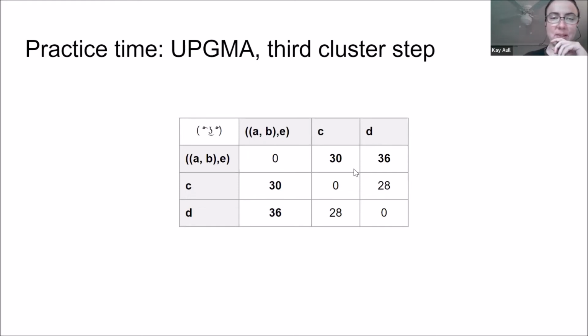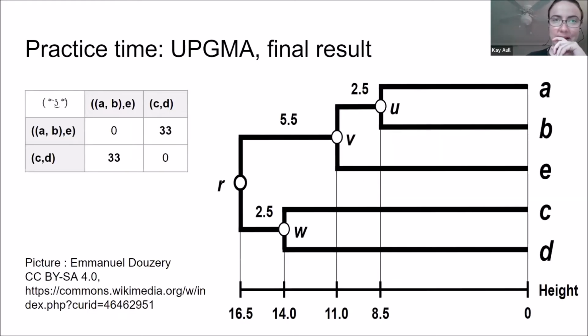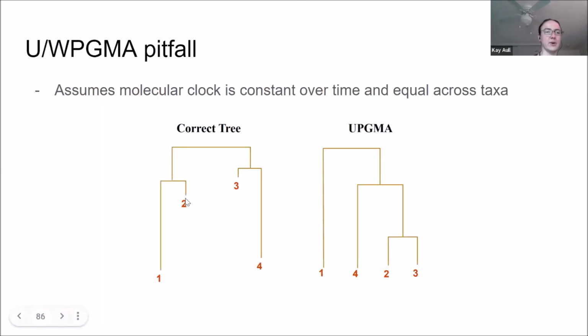And you would keep doing that, and you would end up with the same tree with somewhat different estimates of the difference between them.